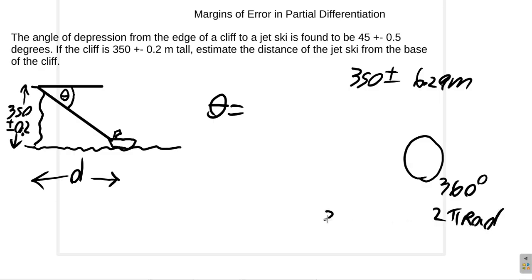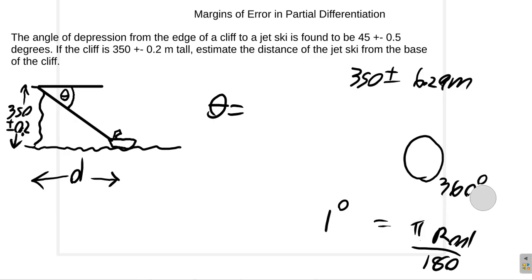So if 360 degrees is equal to 2 pi radians, when we divide both sides by 2, we get that 180 degrees is equal to pi radians. If we divide both sides by 180, then we get 1 degree is equal to pi over 180 radians, right?